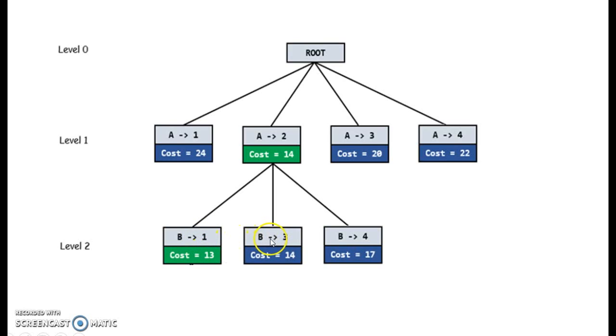If we assign job number 3 to person B, its cost is 14. If we assign job number 4 to person B, its cost is 17. 13 is the minimum from all the nodes 14 and 17, and it is in between a range of 10 and 18. So now we expand the node B1.